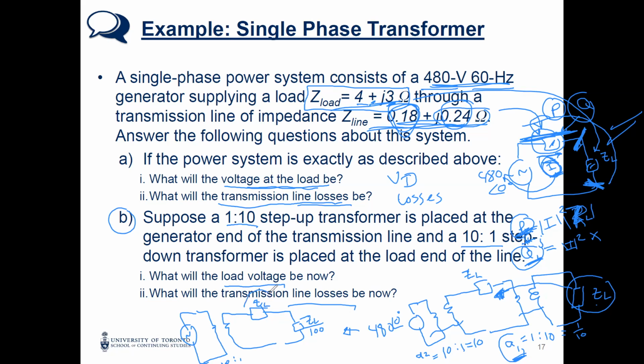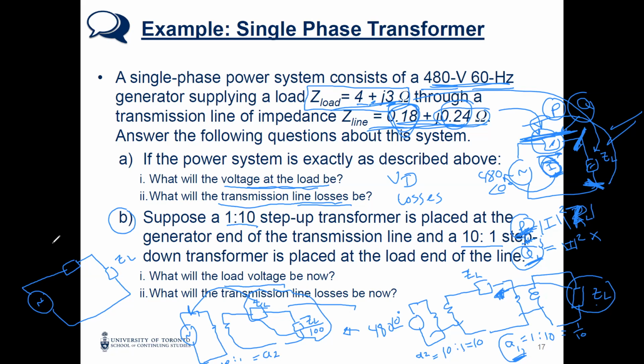Then I'm going to move all of them out to the other side, to the source. So it will be the source, and then I will have two impedances. One, I will multiply by a2, which is 10, right? So the first one will return back to ZL, right?